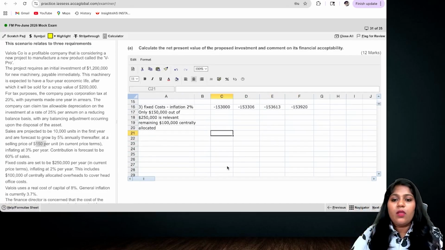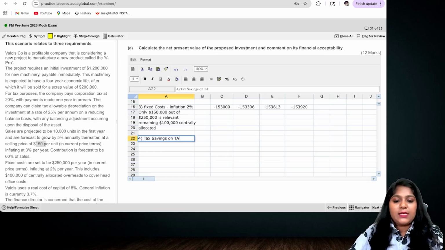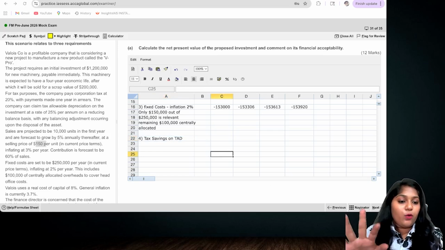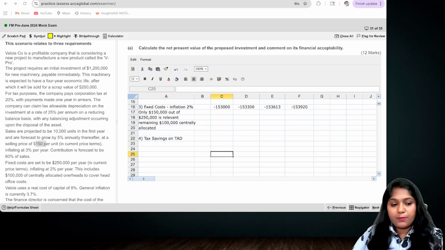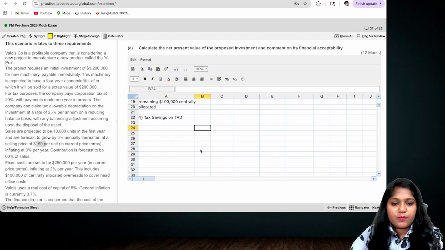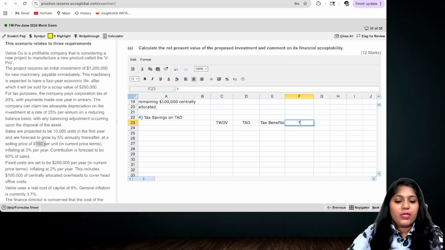Okay. After this, fourth working note, I will find out the tax savings on tax allowable depreciation. How do we do it? Very simple. You need to understand what is my tax written down value, what is my tax allowable depreciation, what are my tax benefits, and you should also know the timing of cash flow.